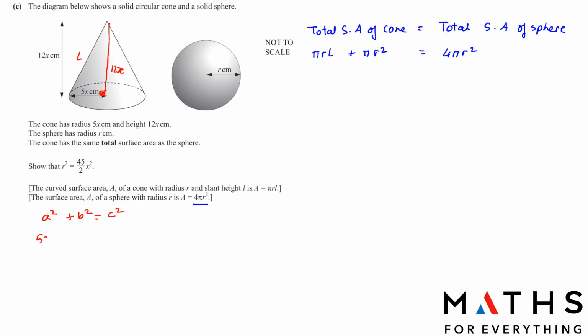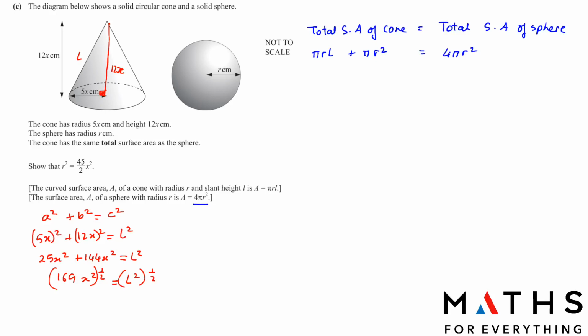So I'm going to write here 5x square plus 12x square is equal to L square. Remember that power is for 5 and for x. Is equal to L square. When you add them, you will get 169x square is equal to L square. If you want to remove the square, you can square root both the sides.